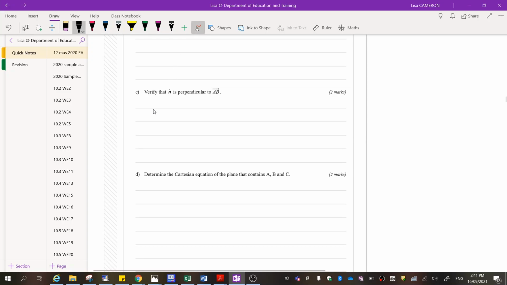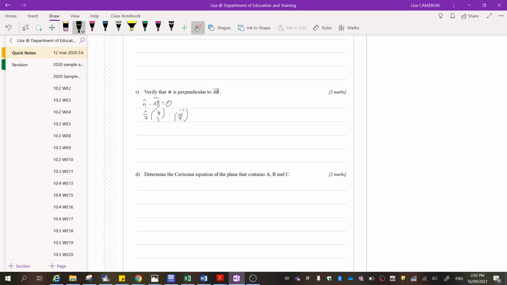Next, we'll need to verify that it is perpendicular to AB. And to verify that, we need to make sure that the dot product between the two is equal to 0. So 1 over 7, 6, 2, 3 dot -1, 0, 2. Now for dot product, it's much more simple.